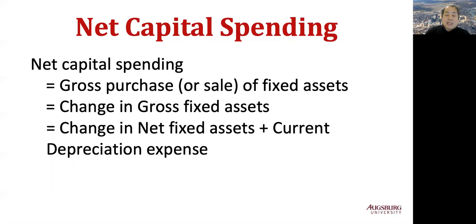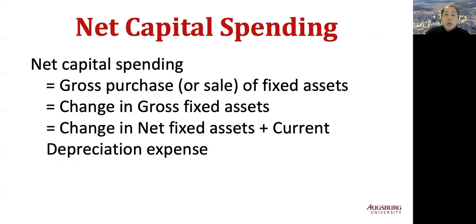Gross fixed asset amount is the cost of acquiring an asset, which means when you buy something, suppose you buy a $1 million building, then your gross fixed asset amount is just 1 million. It doesn't change.